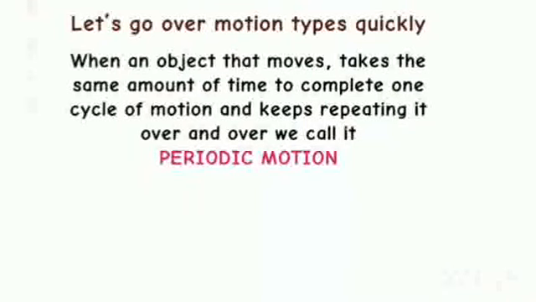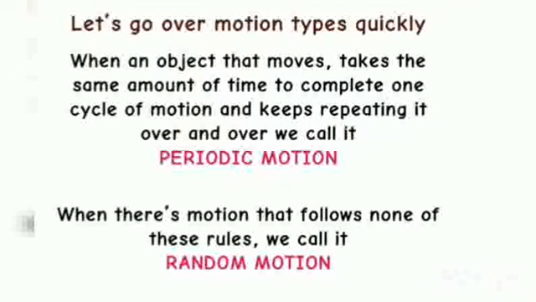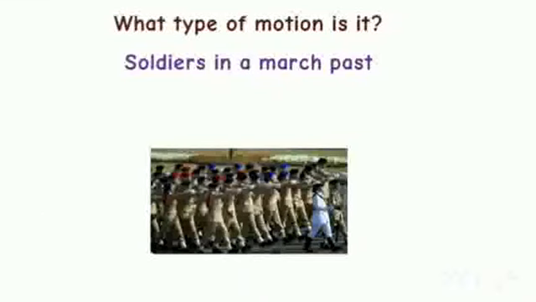When an object that moves takes the same amount of time to complete one cycle of motion and keeps repeating it over and over, we call it periodic motion. Motion that follows none of these rules is random motion.